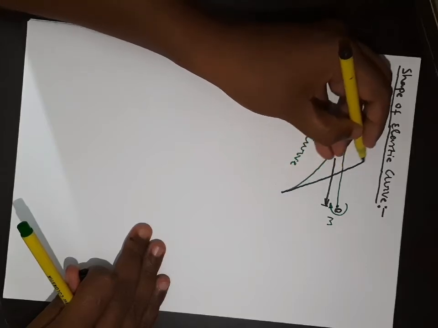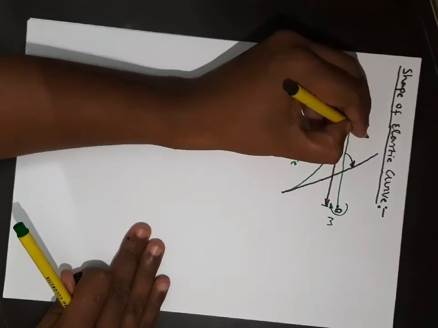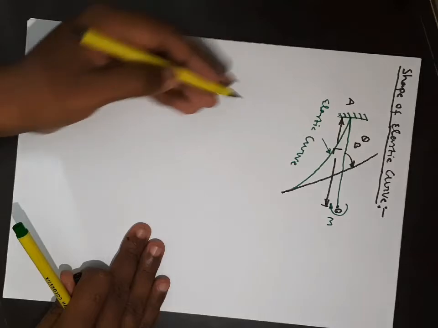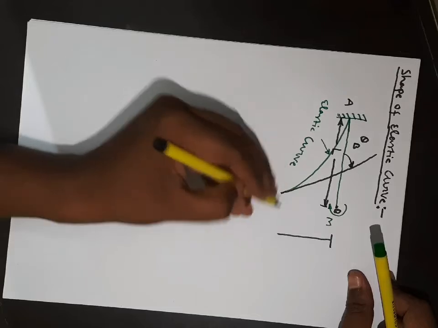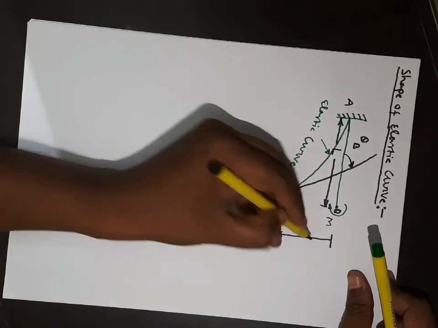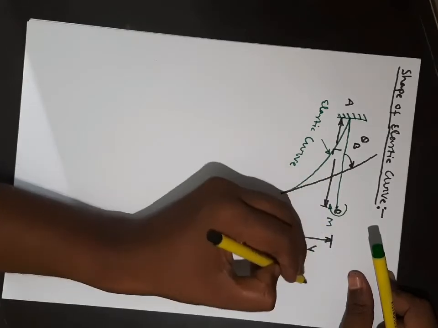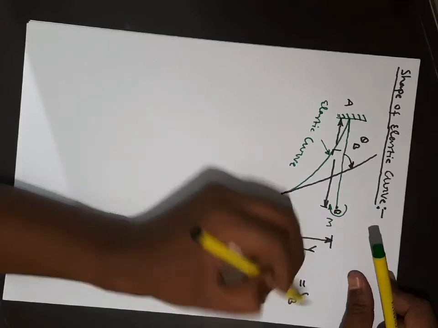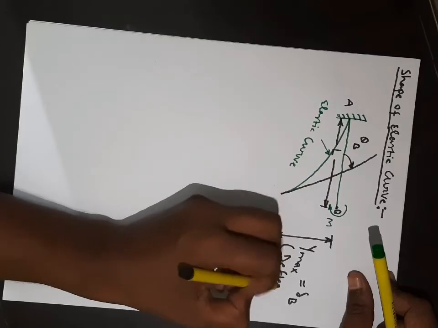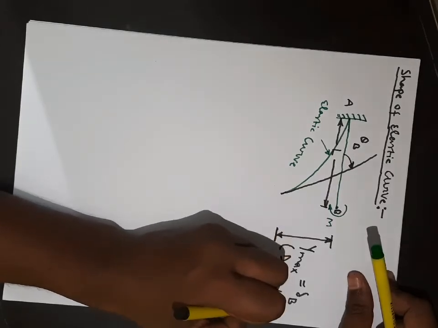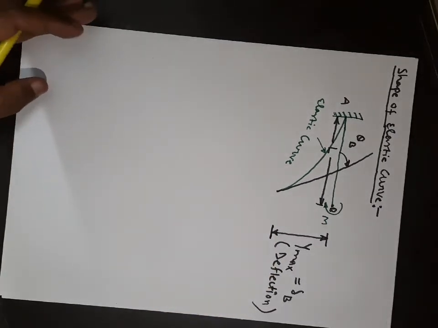If I draw a tangent to this elastic curve, this tangent will give the value of slope here, and this vertical gap or deviation will represent the maximum deflection, or we can say delta B, deflection.